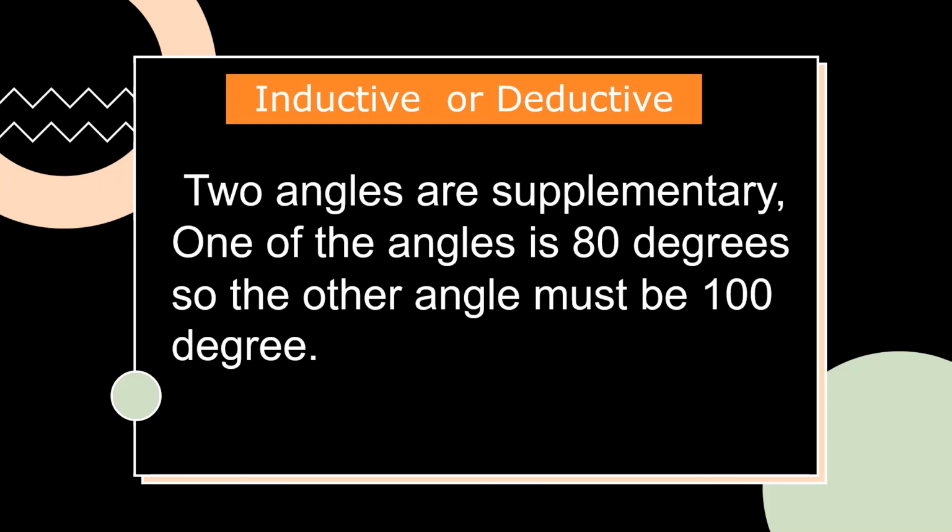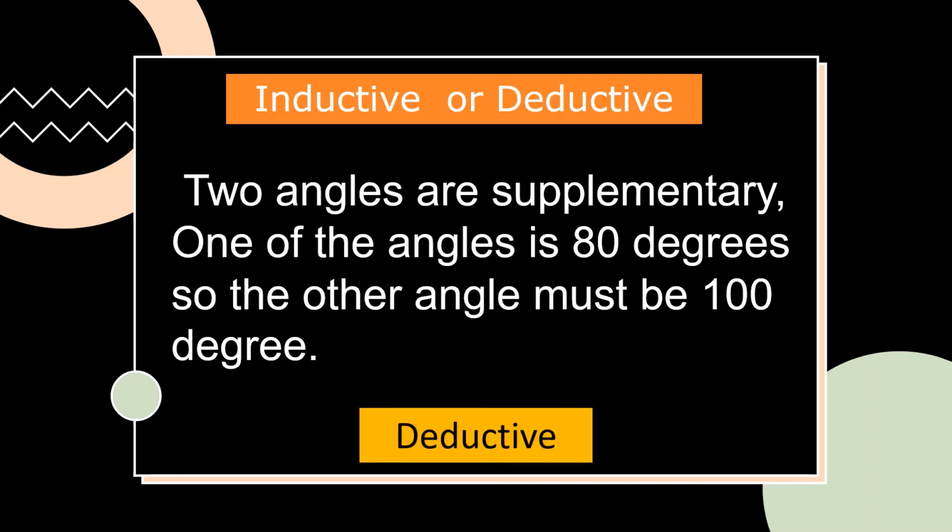Next, 2 angles are supplementary. One of the angles is 80 degrees. So, the other angle must be 100 degrees. Is it inductive or deductive reasoning? Correct. It is deductive reasoning.